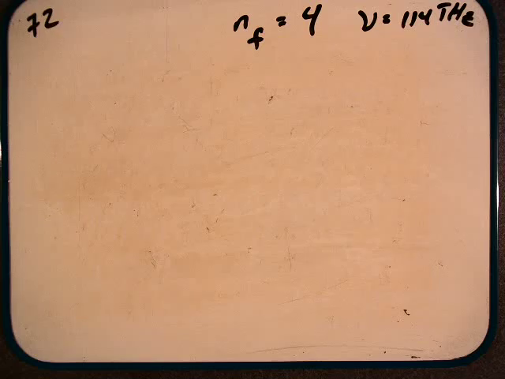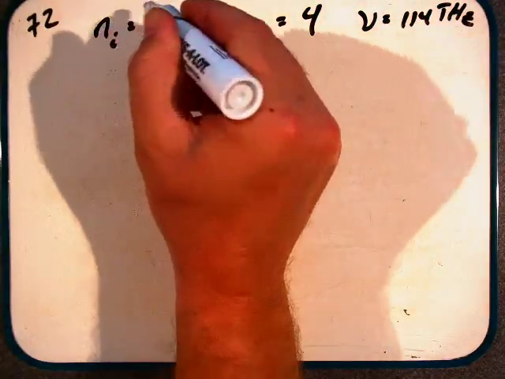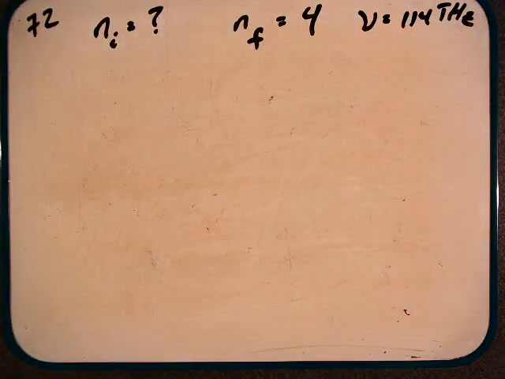Given this information, what is the value of n for the level in which the electron originated? So we are trying to figure out n initial, given the frequency of the photon being emitted and the final quantum level that the electron relaxes to.